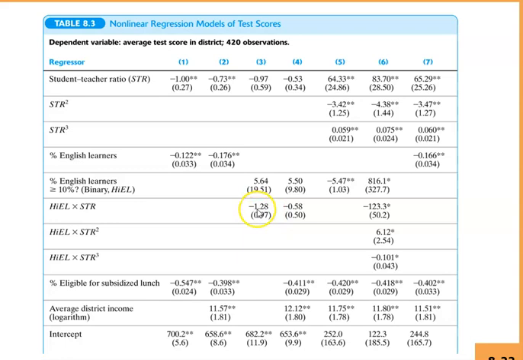So when we include this interaction term, you can see that there's no significance on the coefficient of this interaction term, as well as on the coefficient of student-teacher ratio.